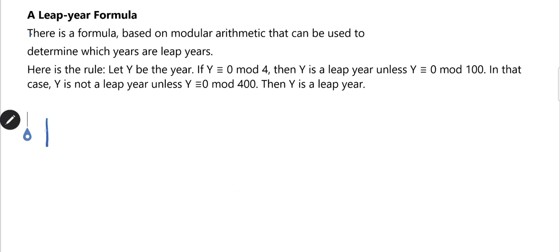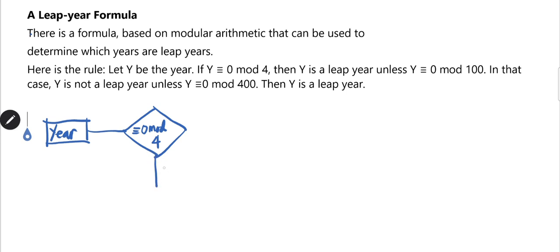Okay, so supposing this is your year, we need to determine if the year is congruent to 0 modulo 4. Now, if your answer to this is no, then we say that our year is not a leap year.